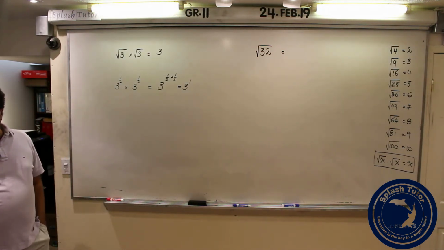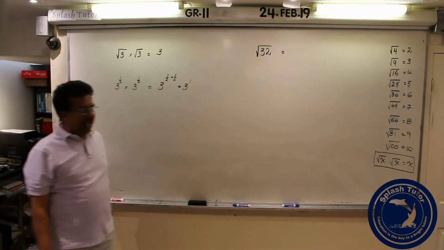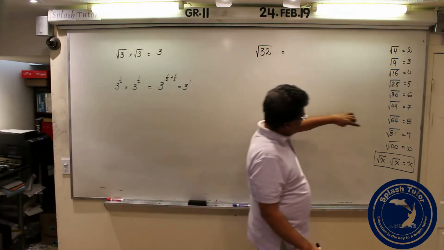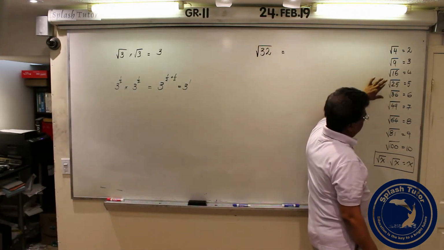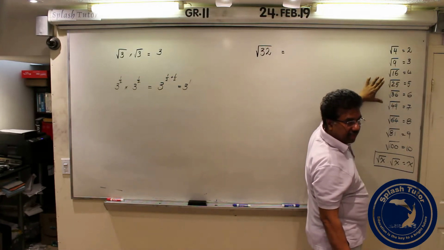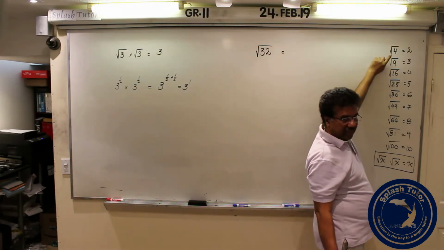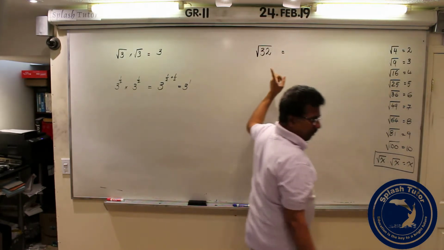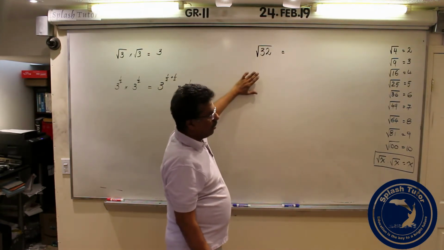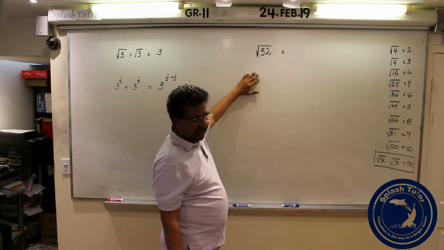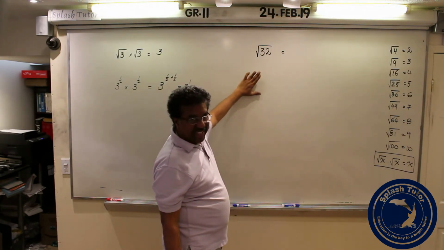Now root 32, we need to search a number here in this root, a number that can fit into this 32, but the number has to be the maximum number. See, the 4 is also part of that. Then 32 can be divided by 4, right? What about 9? Can 9 divide it? No. Next one is 16.